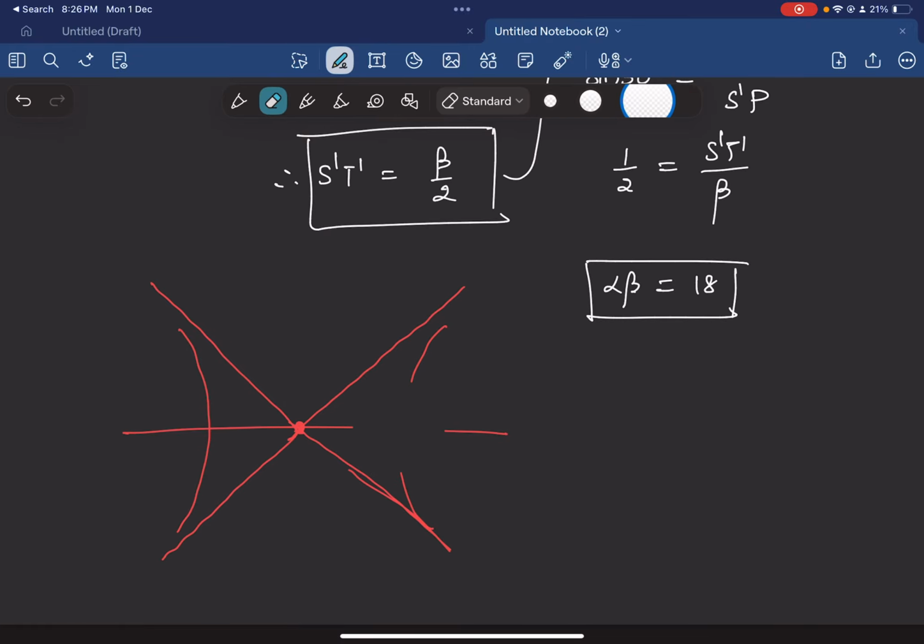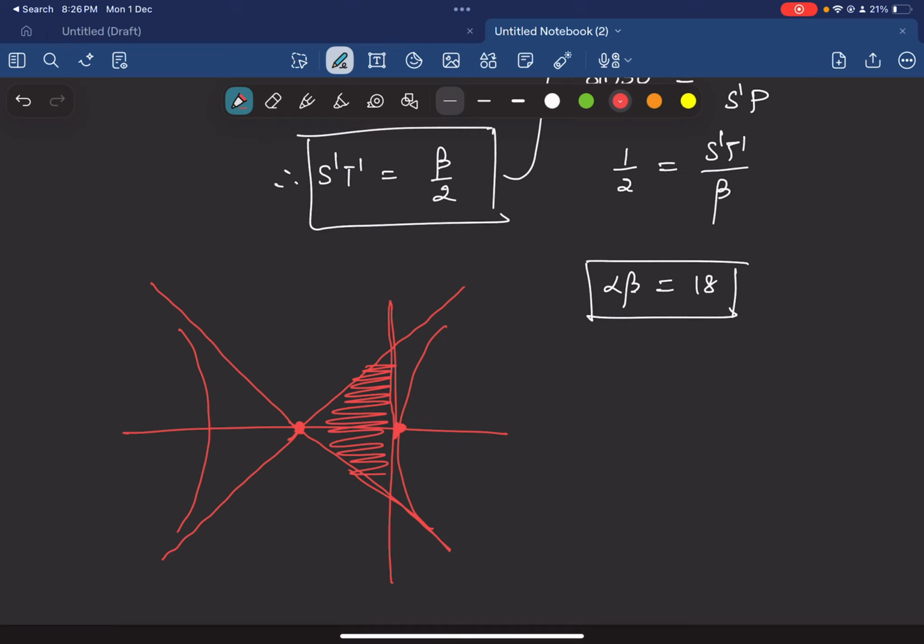Now let us say there is a point here. We can draw the tangent here. It will be a vertical tangent. So now we have to find this particular area.